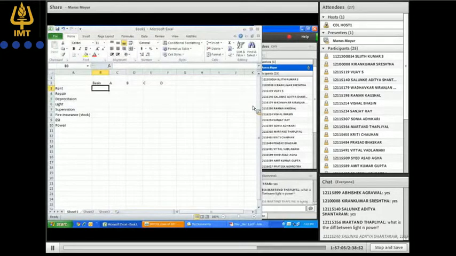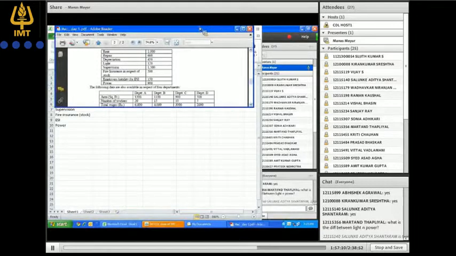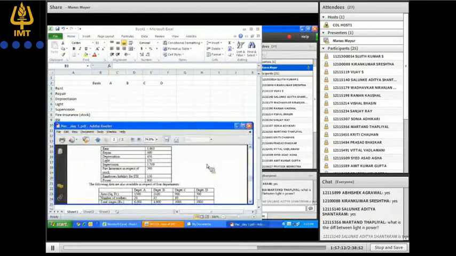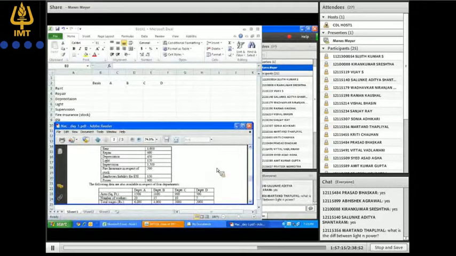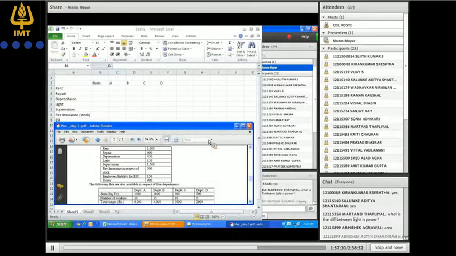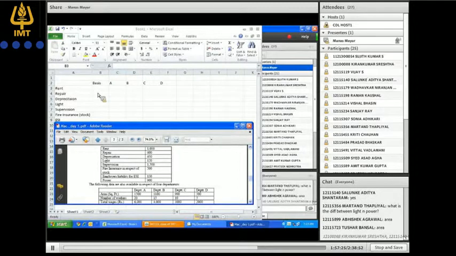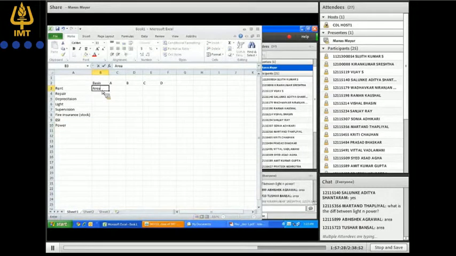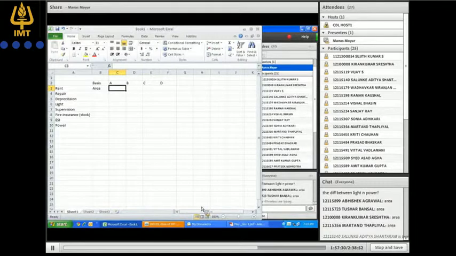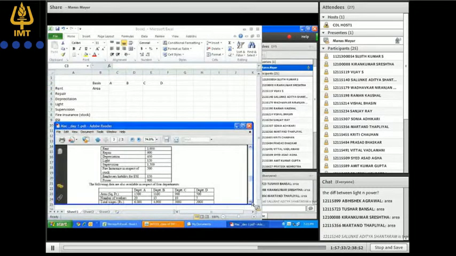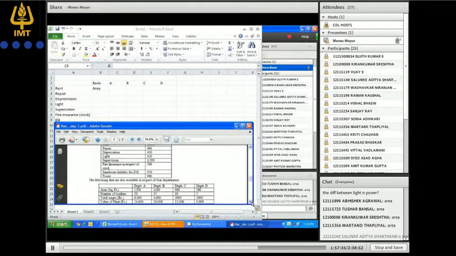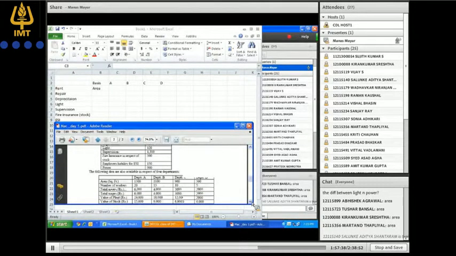Now, rent should be distributed on the basis of what? On what basis should we distribute rent? Area. Now if you see, the area for department A is 1500, for B it is 1100, for C it is 900, and D is 500.